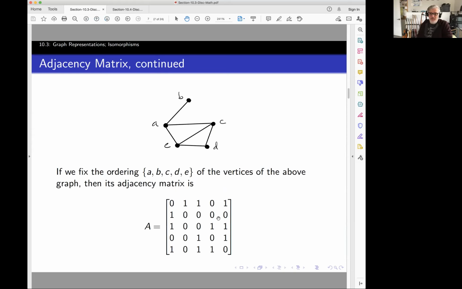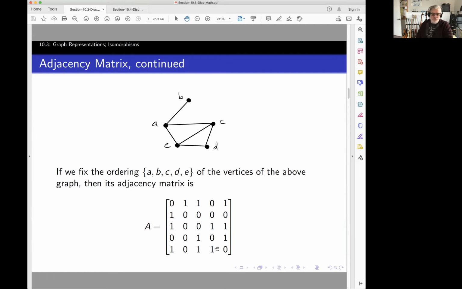So you see again that if you're given the adjacency matrix, okay, good question. Will it always be symmetric? Just wait until the next slide, and you'll have your answer and more. So we have all the information that we need about the graph if we have the adjacency matrix, right? But again, you have to fix an ordering.